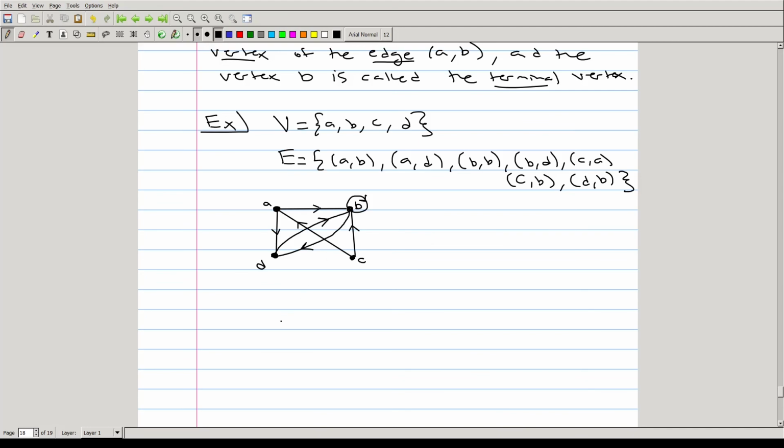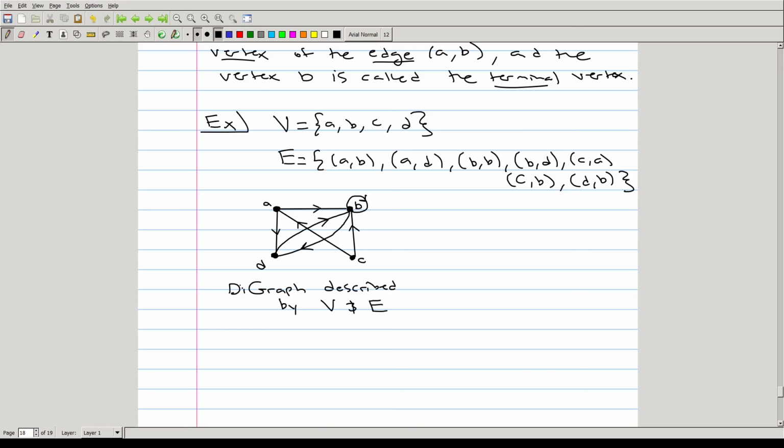And so this is the graph that represents this vertex set and this edge set. And specifically, it's a digraph. It is a directed graph.